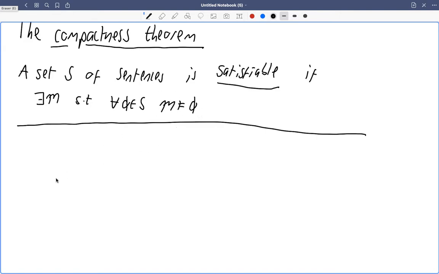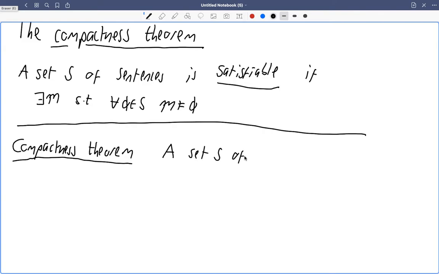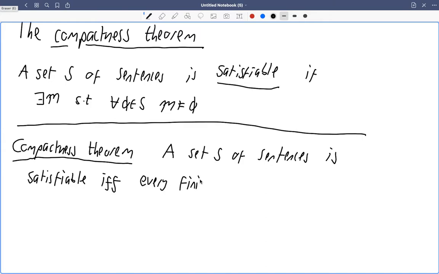And the compactness theorem says that a possibly infinite set of sentences, it's actually only interesting in the infinite case, so a set S of sentences is satisfiable if and only if, so IFF is if and only if, every finite subset of S is satisfiable.